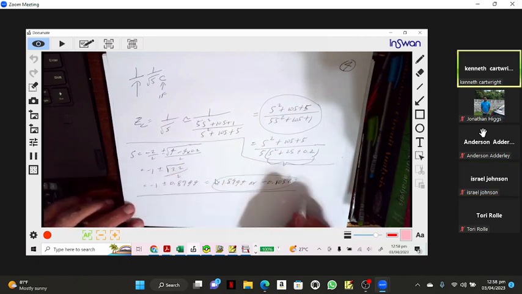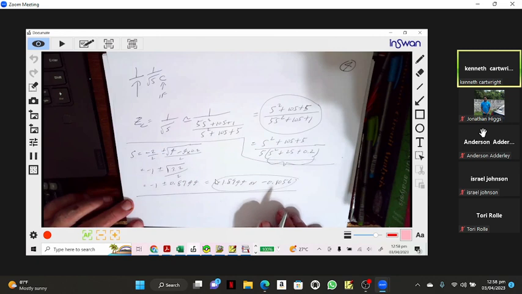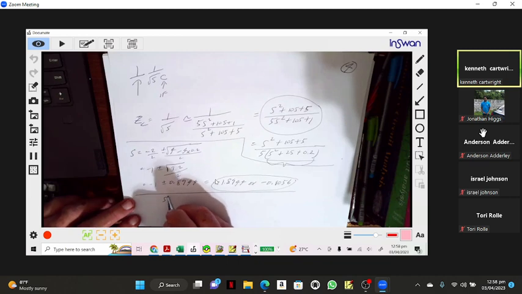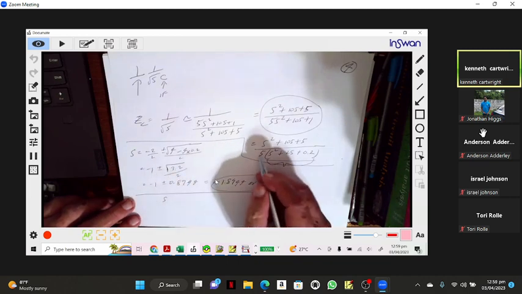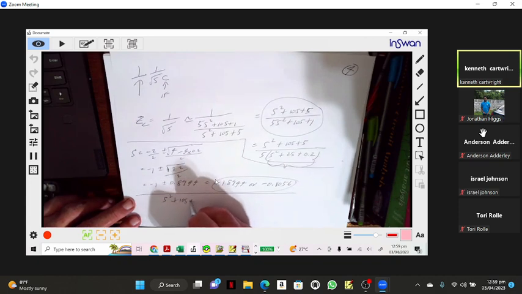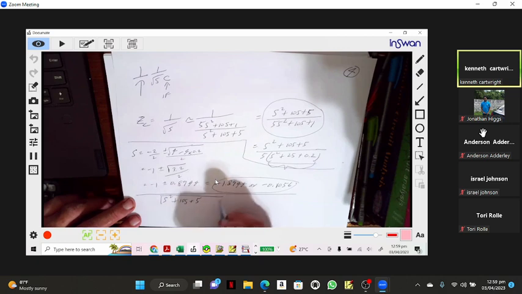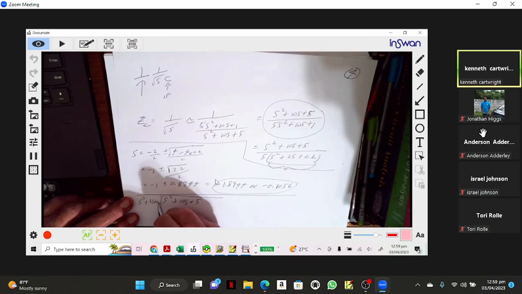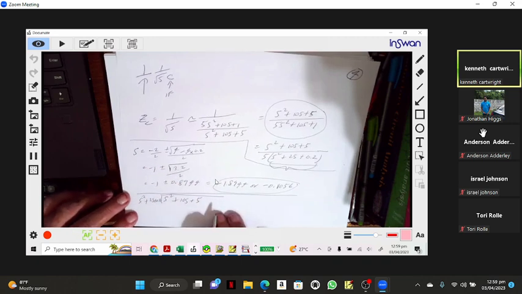Keep that in mind. Okay. So ignore the 5 right now. S squared plus 10S plus 5 divided by S squared plus 2S plus 0.2.